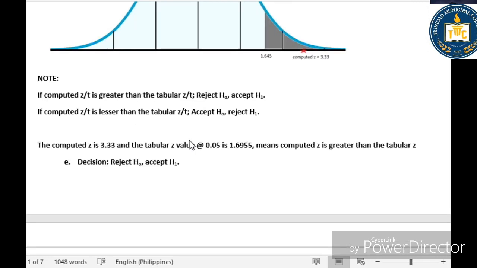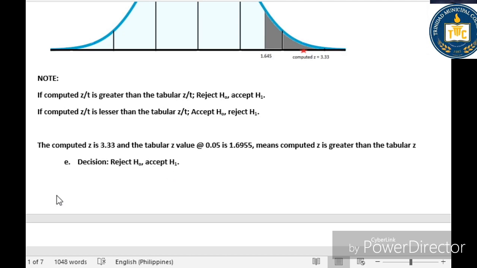Okay? In this example, the computed z is 3.33 and the tabular z value at 0.05, 1/3 is 1.6955. It means computed z is greater than tabular z. So our decision is to reject the null hypothesis and accept our alternative.